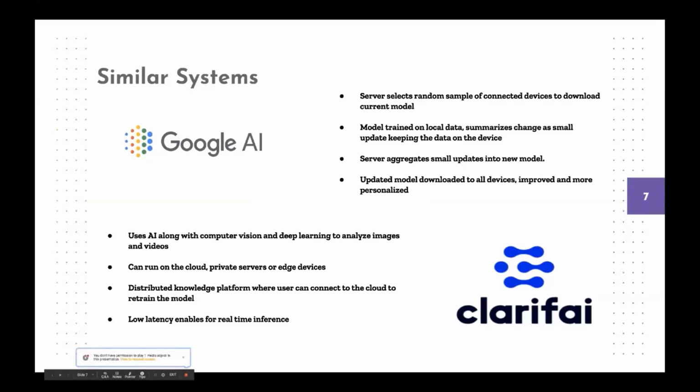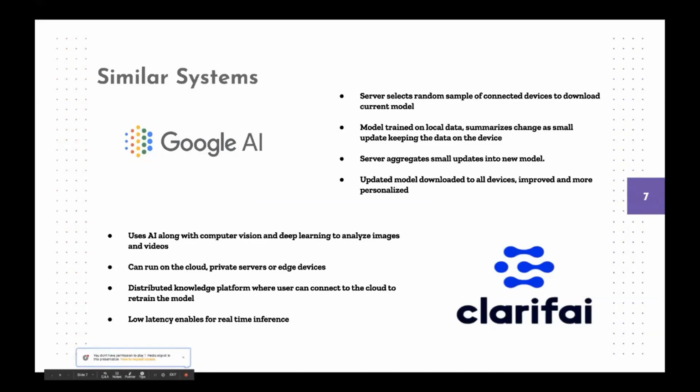This is similar to what we are trying to implement because we have the capability of retraining the model back on the edge device, where real-time prediction and inference can happen directly or offline, or there's also the option of prediction happening online, where the data can be sent to the cloud for retraining and then sent back to the edge device once more. This gives low latency that enables real-time inference.